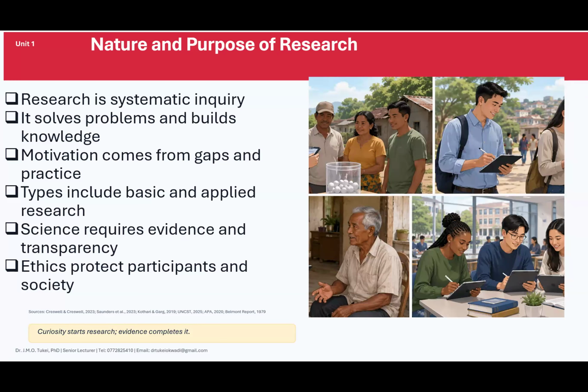If you ask me what the difference is, I might have to tell you that you have to be curious, and every research begins with curiosity. But methods, evidence, and ethics make what we call scientific.